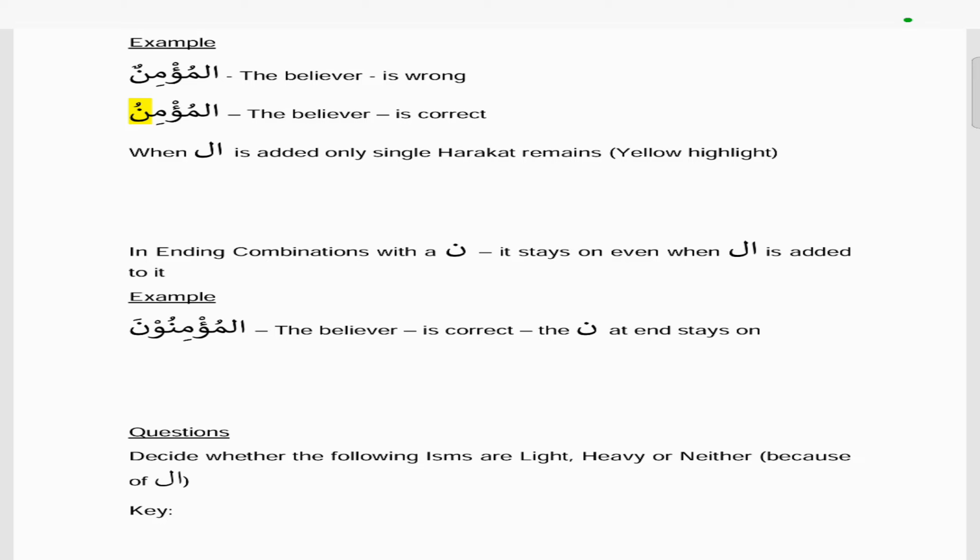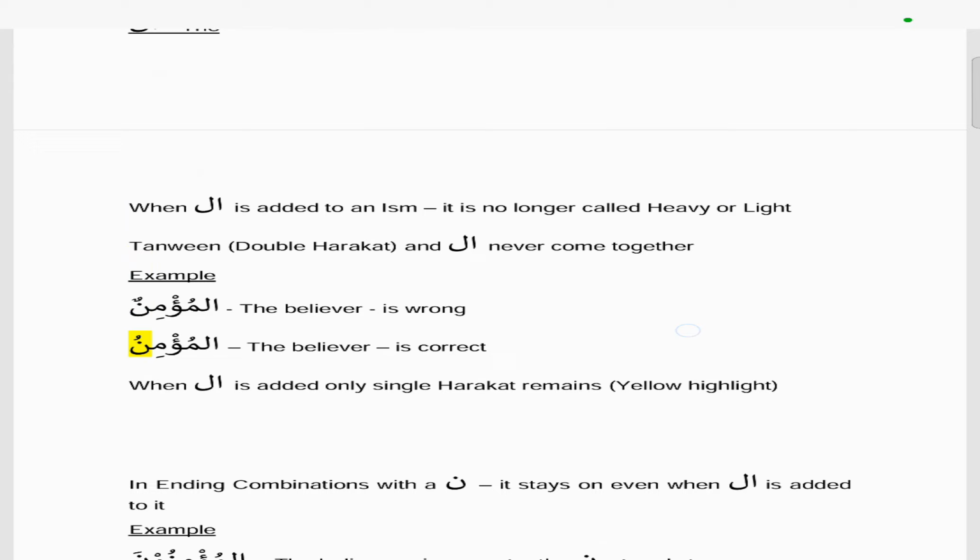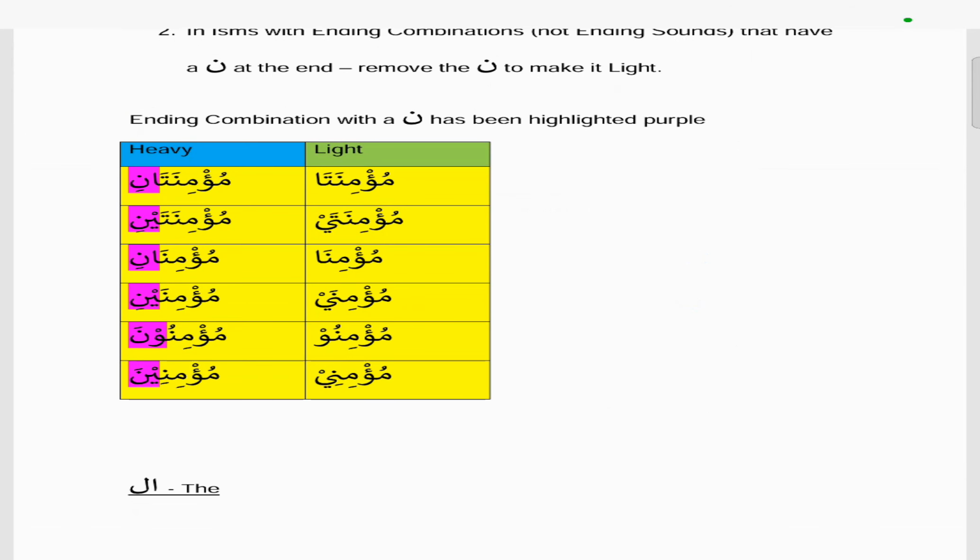For example, if we have mu'minuna and you want to put an al on it, you don't get rid of the noon in the ending combination. The ending combination stays. Just to give a few more examples, you've got mu'minatani, the first one. If you want to make that an al, it would just be al-mu'minatani. You wouldn't get rid of the noon by adding an al to it.